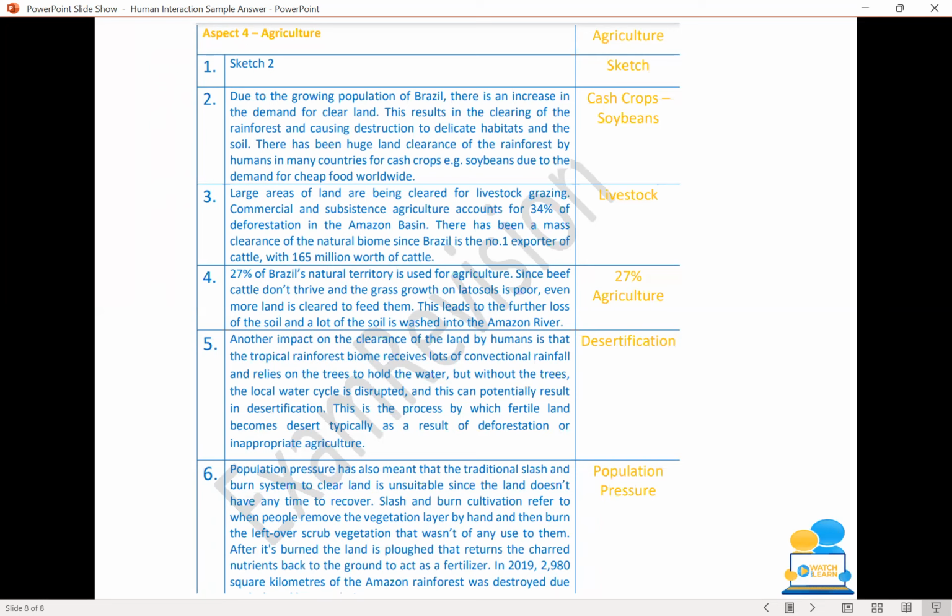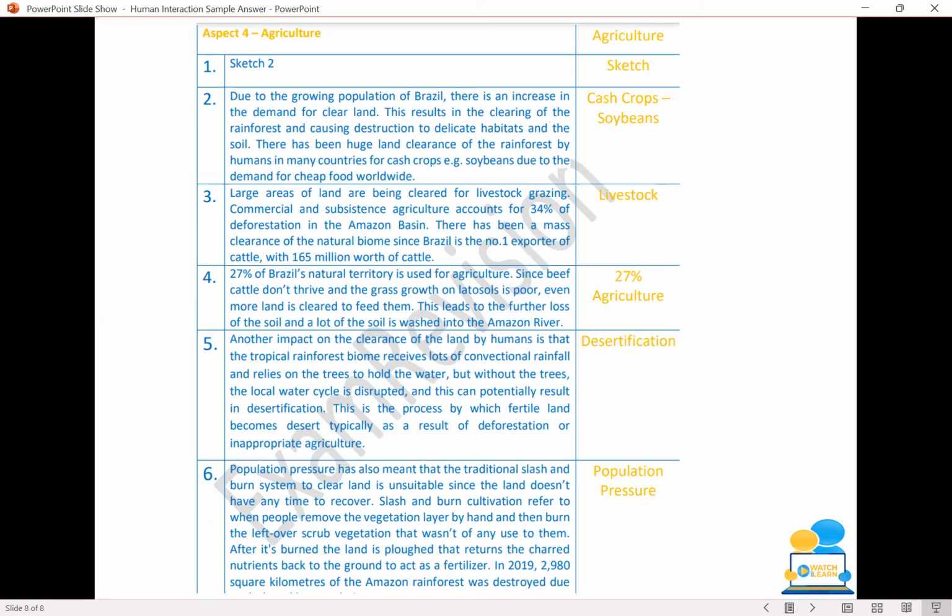As we've seen with the soil, it can be irreversible, some of the damage that is done to it. There has been huge land clearance of the rainforest by humans in many countries for cash crops. For example, soybeans, due to demand for cheap food worldwide and also for feeding livestock such as cattle.